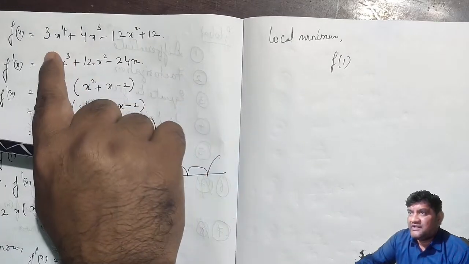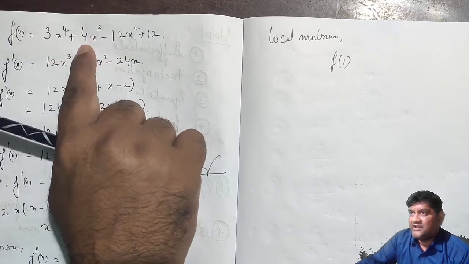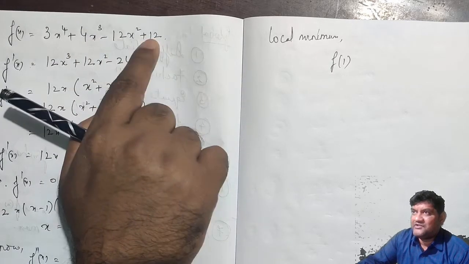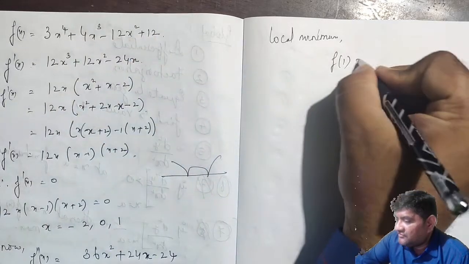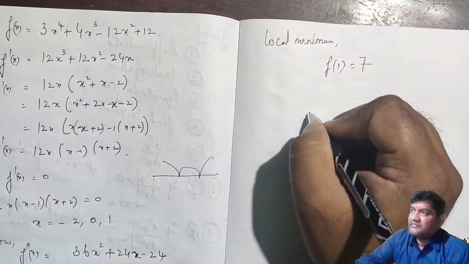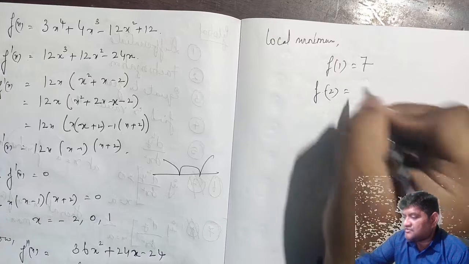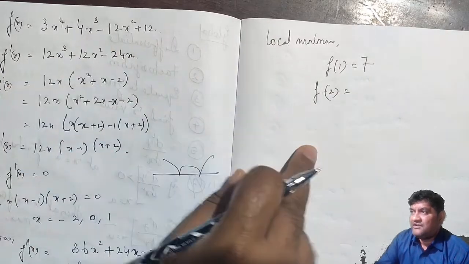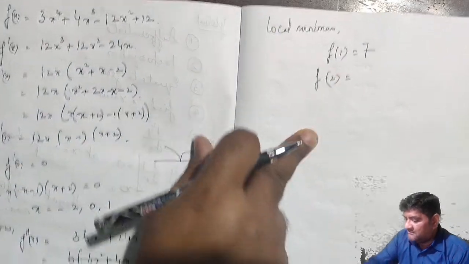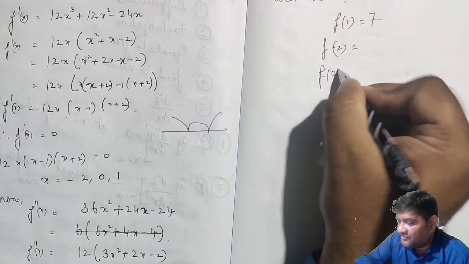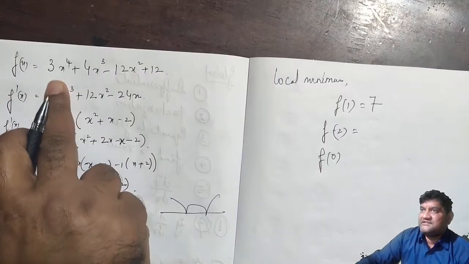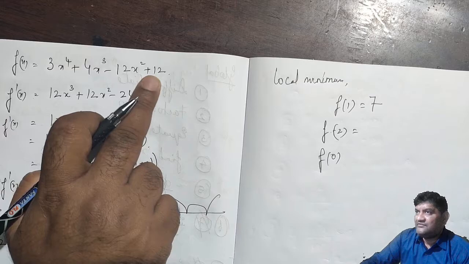So when you substitute a 1 here, this is going to be 3 plus 4 minus 12 plus 12. Minus 12 plus 12 get cancelled. 3 plus 4 is 7. So that's your local minimum. What's your second local minimum? At minus 2. Again, you substitute this value and give the y value. And then local maximum. The maximum is occurring at f of 0. So when I substitute 0 in this equation, all of this is going to go. 12 is what's going to remain.